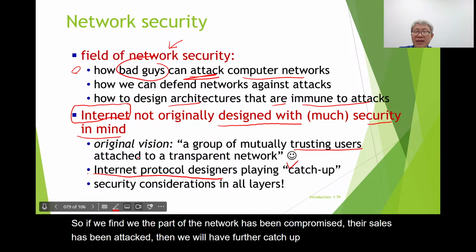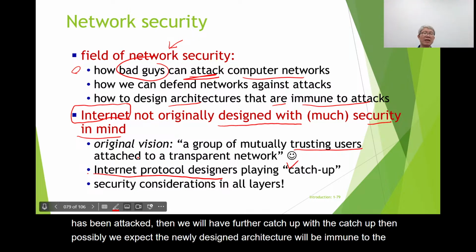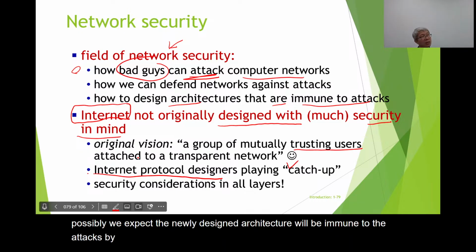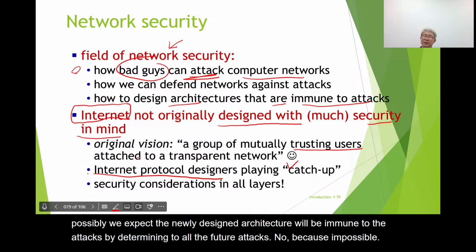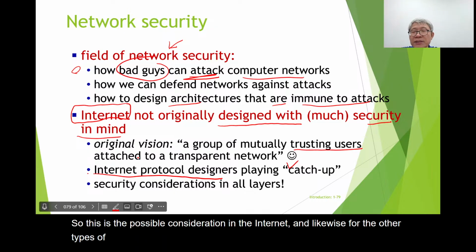With the catch-up, we expect the newly designed architecture will be immune to those attacks, but it doesn't mean immunity to all future attacks, because that is impossible. So this is the possible consideration in the internet, and likewise, for other types of networks, we use a similar way.